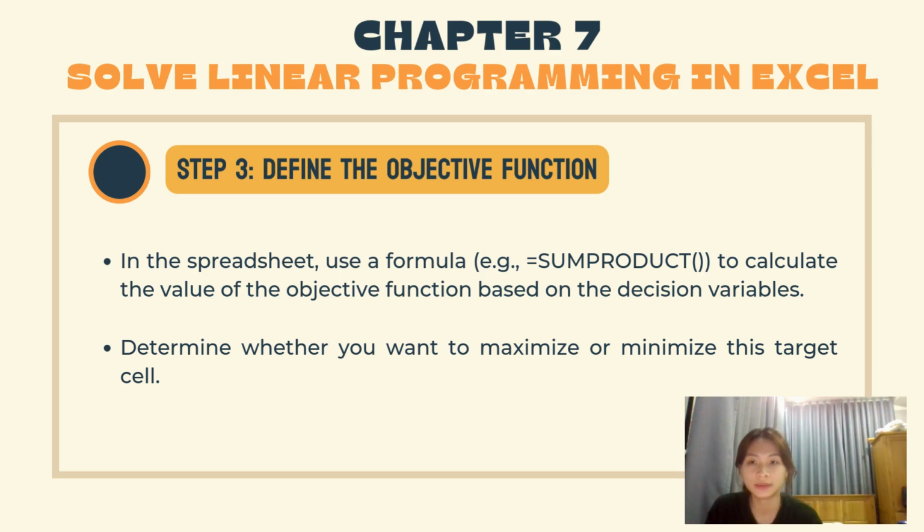The following step is to define the objective function. In the spreadsheet, use the SUMPRODUCT formula to calculate the value of the objective function based on the decision variables. And after that, determine whether you want to maximize or minimize it.